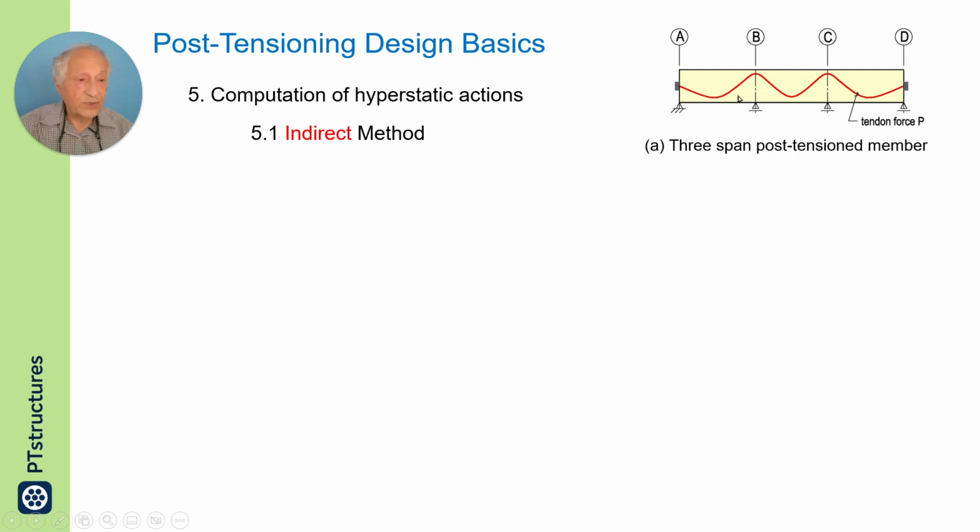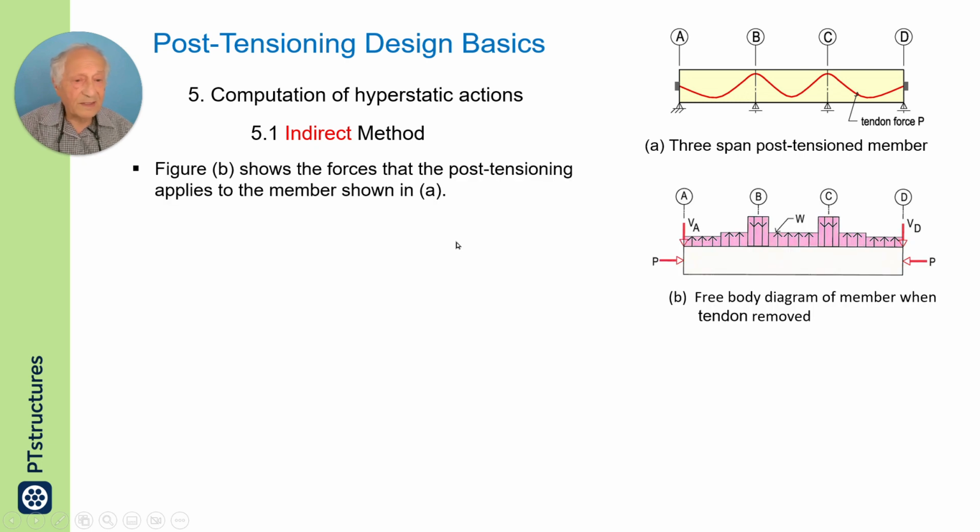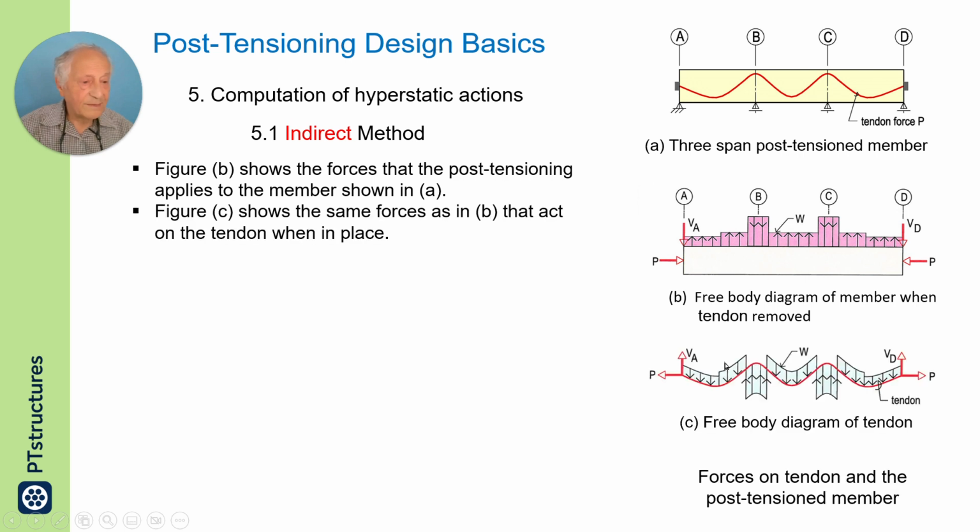And I am showing to you how this formula, the indirect method, is arrived at. Basically, you can look at it at your leisure, but the way it works is that the tendon is removed, the forces from the tendon, up and down forces and axial, are shown in the member.